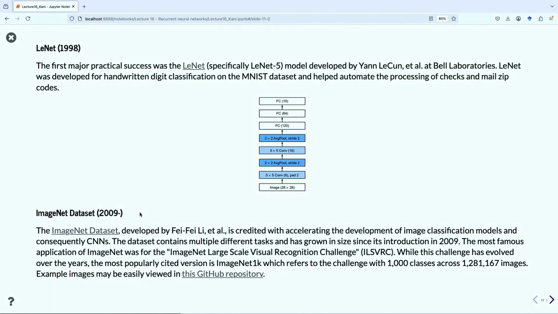Then the ImageNet data sets. So we know what the MNIST data set is, right? It's 10 categories of images. Each category has 8,000 handwritten samples of a particular digit.